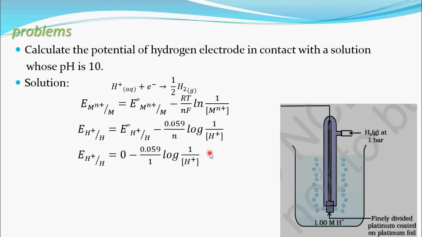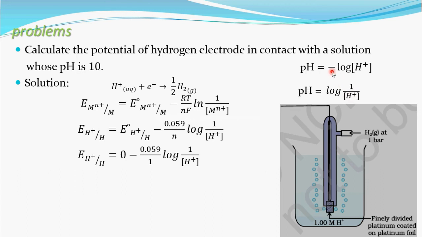Now look at this term, log of 1 by concentration of H plus ion. You know that pH equals minus log of concentration of H plus ions. You can write this minus log of concentration of H plus ions as log of 1 by concentration of H plus ion.